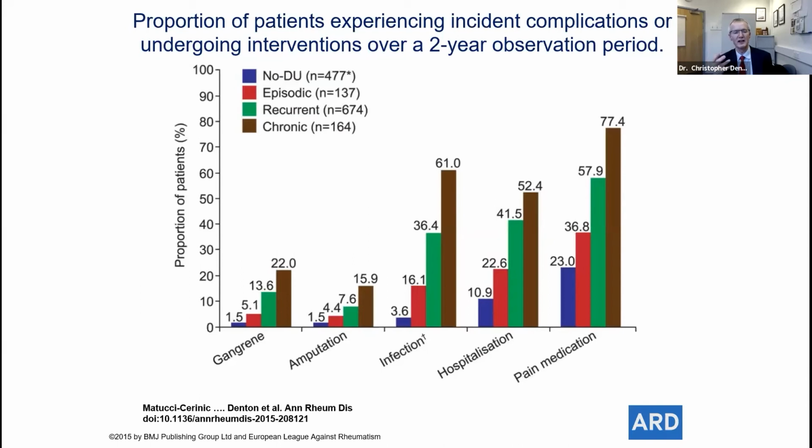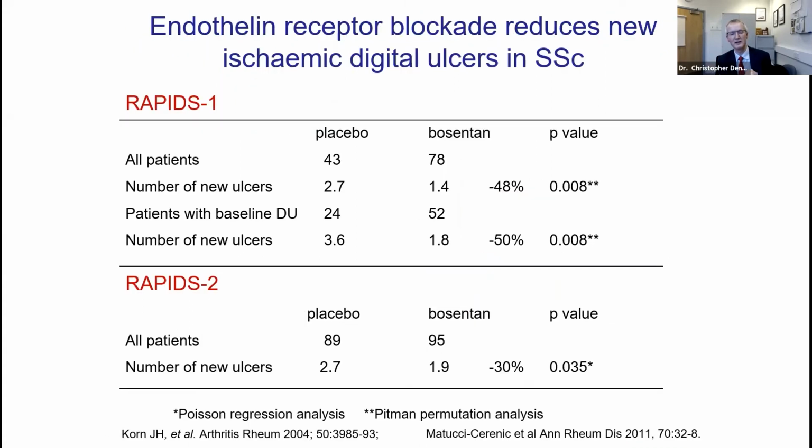So what I think we've learned really is that, again, as for other aspects of scleroderma, you can stratify your patients, and some of them will do quite well, but some will have much more severe ongoing chronic digital ulcer disease.